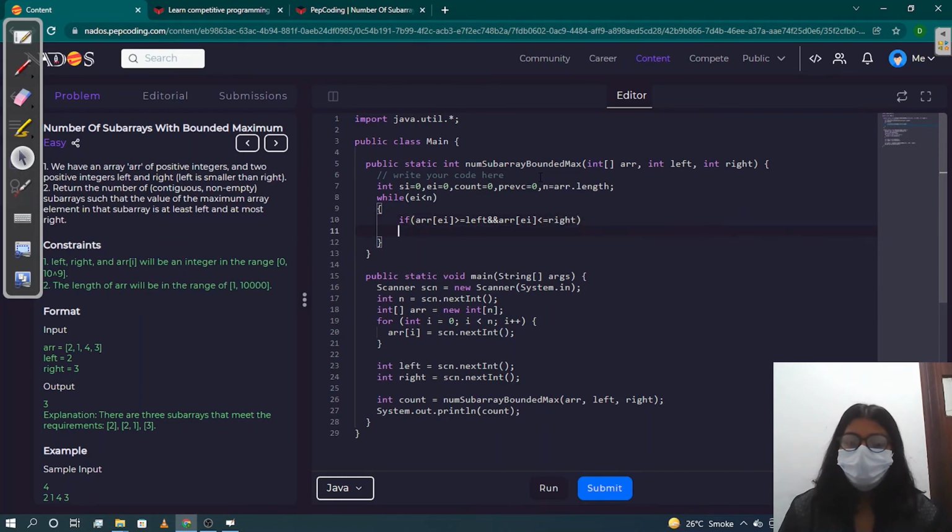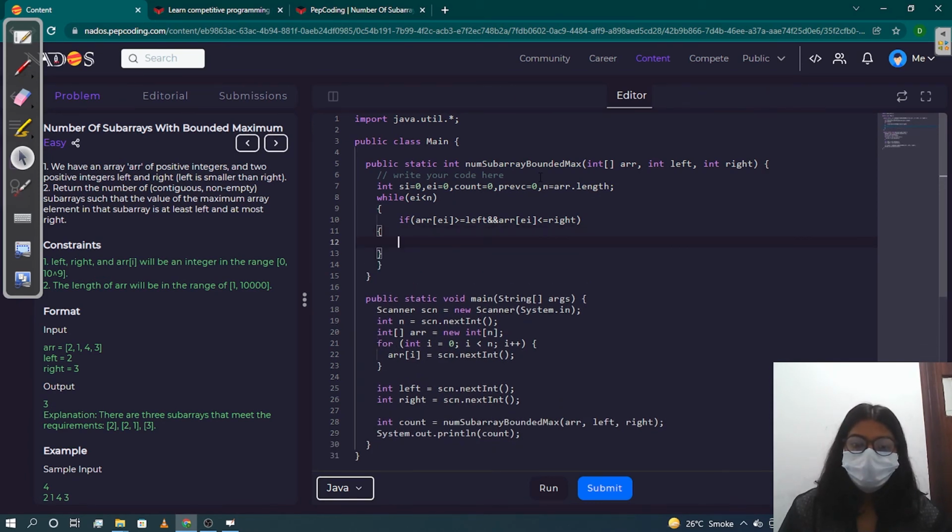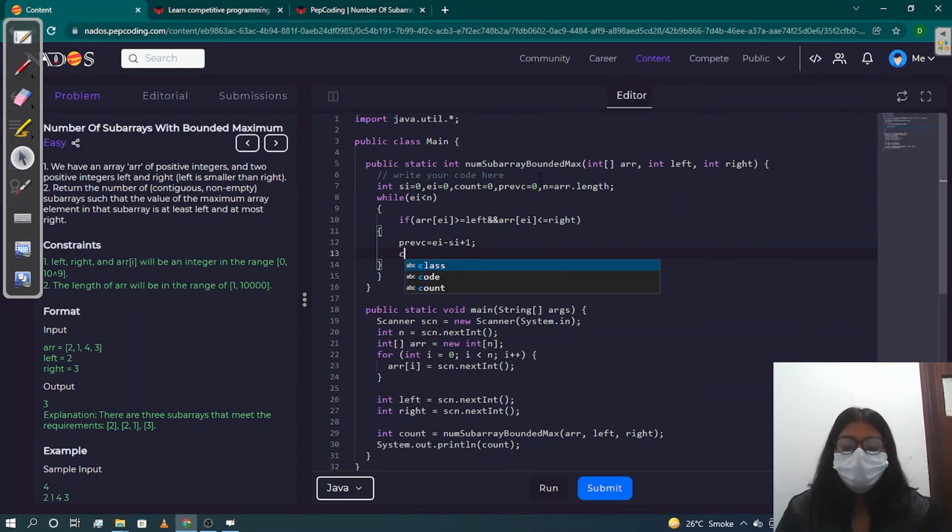Alright, then what we have to do, we will be calculating our previous count. Previous count becomes equal to ei minus si plus 1. Alright, and add this previous count to my count.